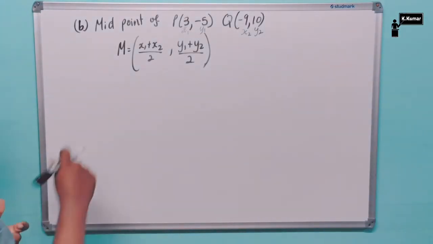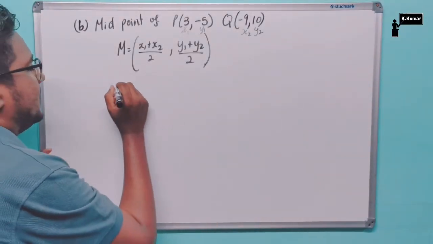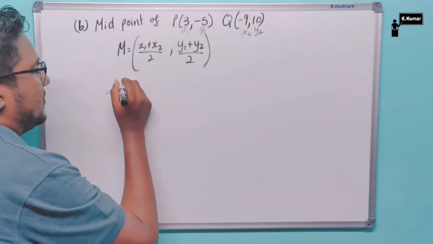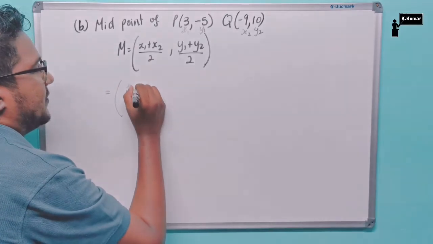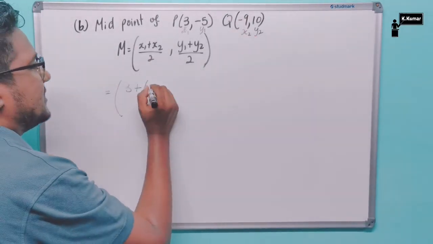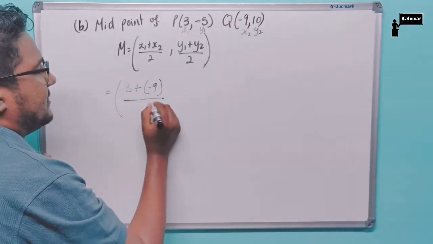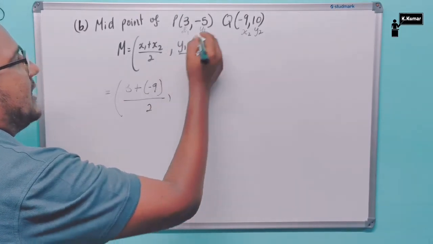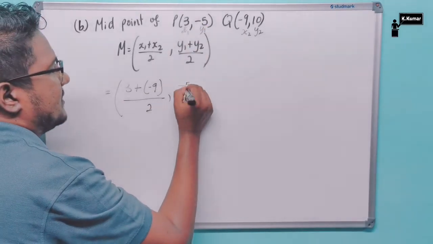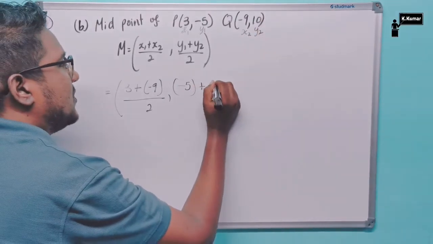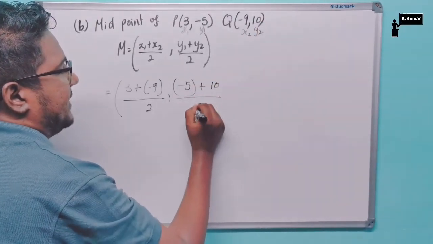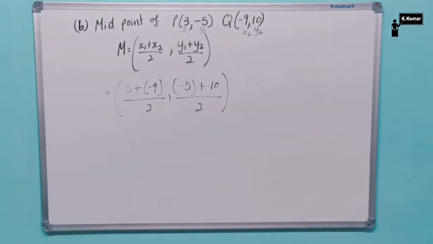So let's substitute them into the formula. So M is equal to (x1, which is 3, plus x2, which is negative 9, divided by 2), and (y1, which is negative 5, plus y2, which is 10, divided by 2).